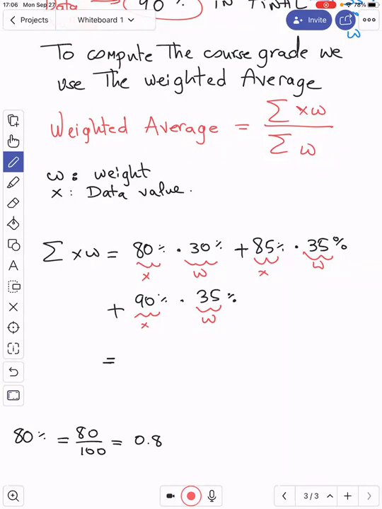So 80%, that's 0.8, times 30%, which is 0.3, plus 85%, that would be 0.85 times the 35%, that's 0.35, plus 90%, that's 0.9 times 0.35. Any questions so far, guys?